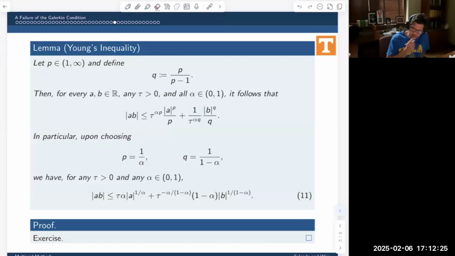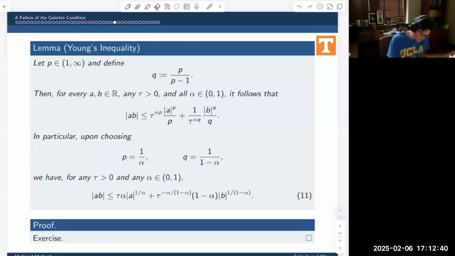Sometimes people call this the rob Peter to pay Paul Young inequality. And it's a fairly straightforward application of the general Young inequality.